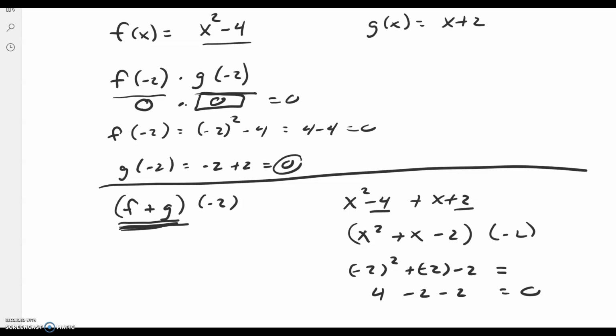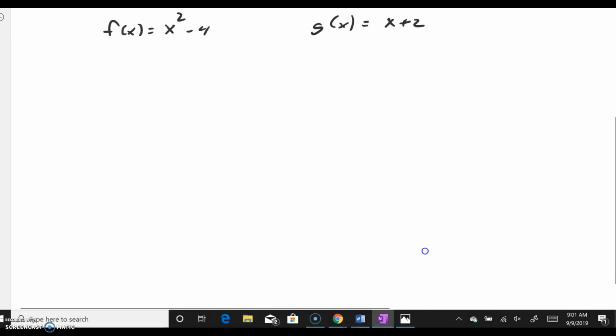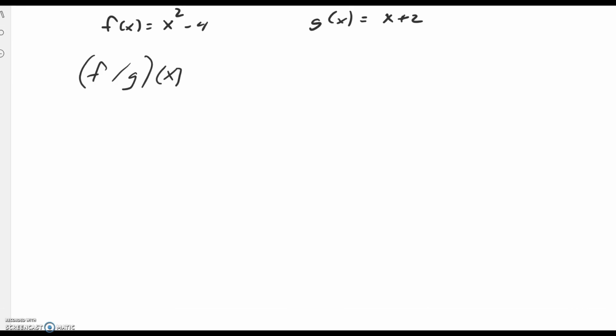Another version of this problem, let me scroll just a minute. Sometimes we're asked to do something besides add. This says take f and divide it by g, and then write it with an input of x.